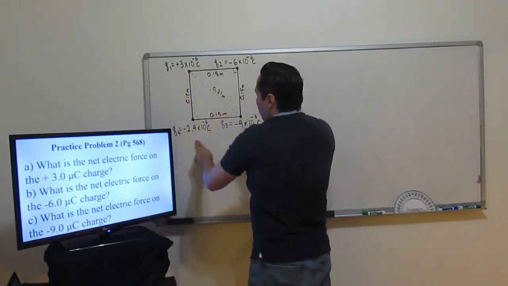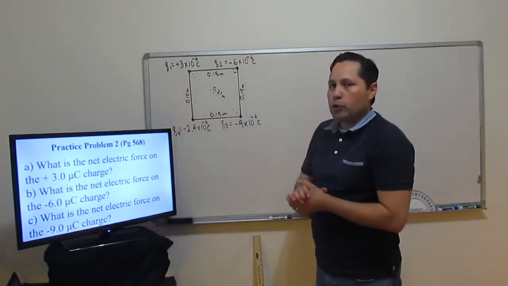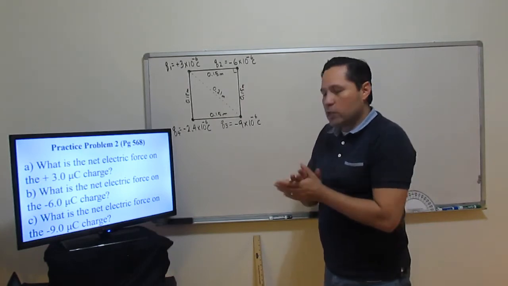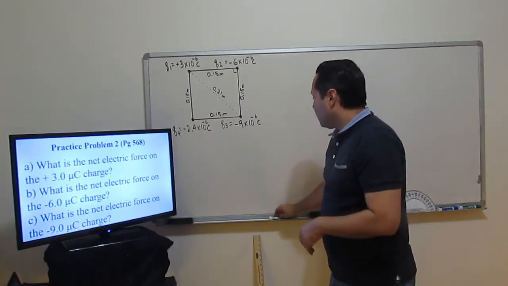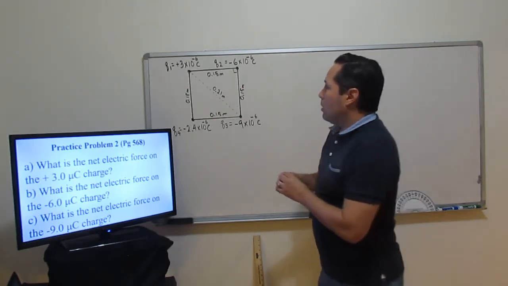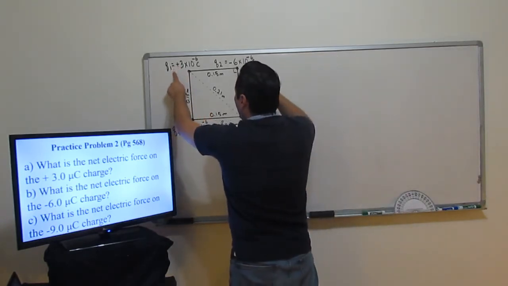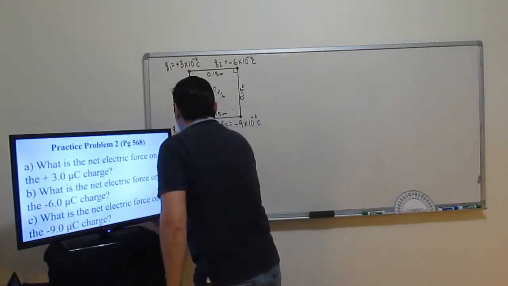Here are the charges. Now, how much force do they exert on each other? That is what this problem is asking for. All right, so let's get started. The force between charge 1 and 2. I'm going to label it here.